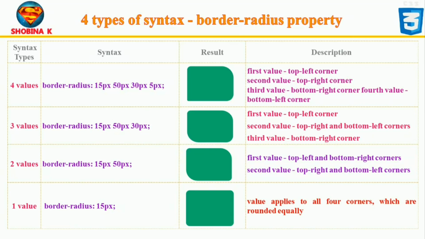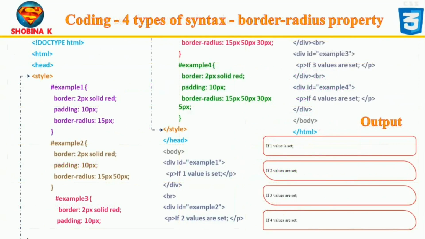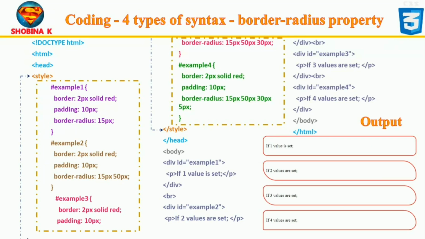If two values are given, the first value is applied to top left and bottom right corners, and the second value is applied to top right and bottom left corners. If only one value is given, then the value is applied to all four corners, which are rounded equally. And here's an example for four different types of syntaxes.